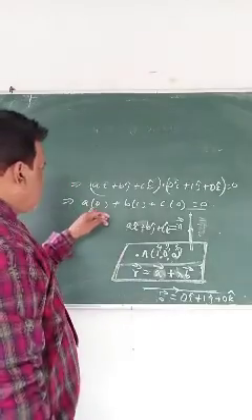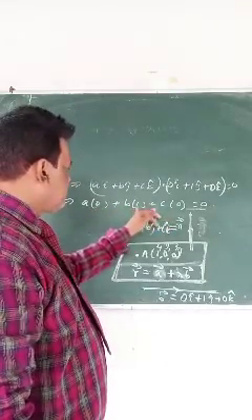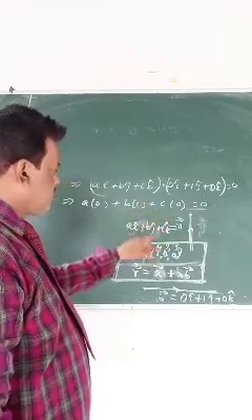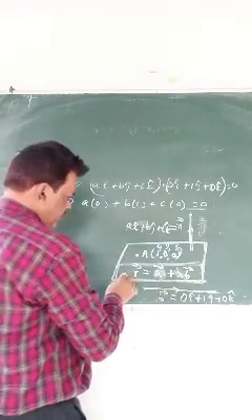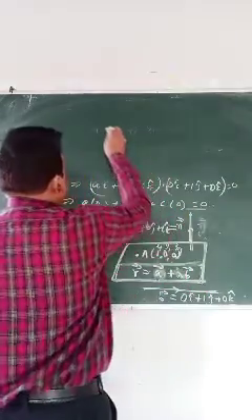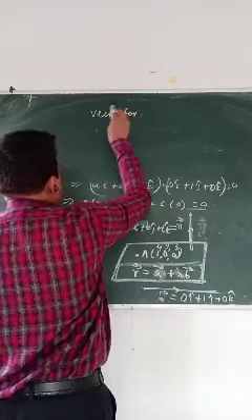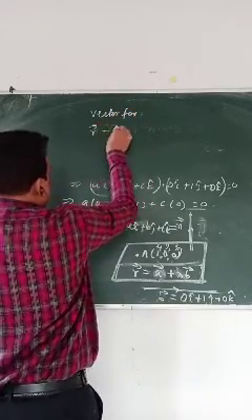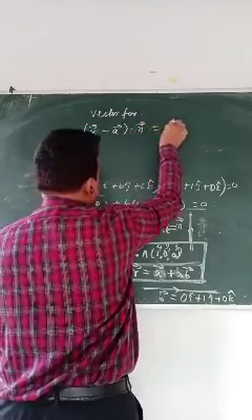So we are getting a, b, c. a becomes 0, b becomes 0, or if you go to vector form, that is (r minus a vector) dot n vector equals 0.